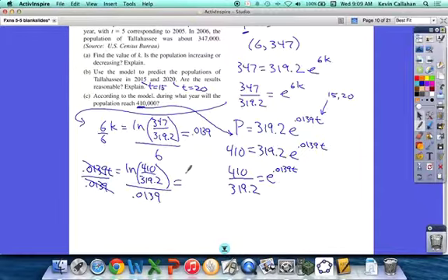That gives 18.01. So that is 2018. And we didn't have any kind of domain statement or anything telling us that's not reasonable.